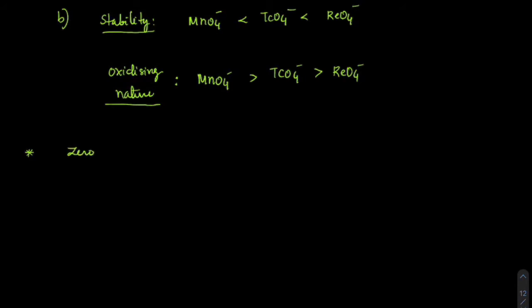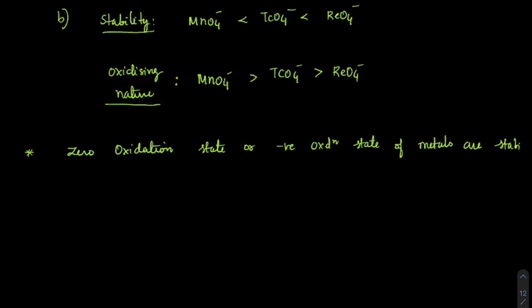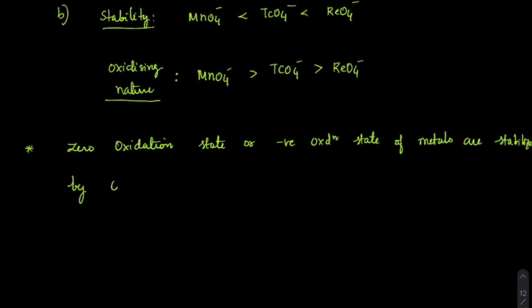So we know that zero or negative oxidation states of metals are stabilized by sigma donor and pi acceptor ligands like carbon monoxide.